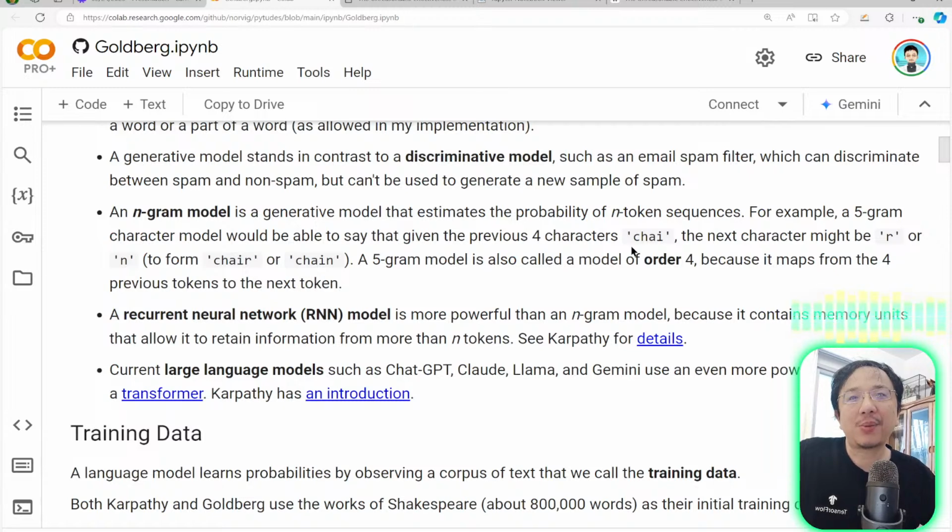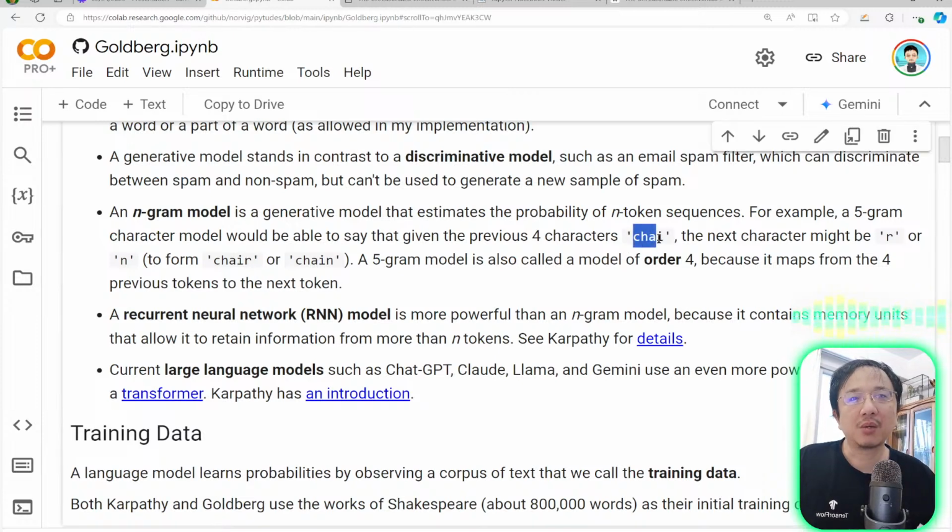So for example, suppose we have 4 characters like CHAI. What is the probability of the next character? 所以因为我们是要估计5个字母合在一起的一个几率，你可以直接统计所有5个字母组合出现的次数，但是我们基本上要算的是条件几率，是这4个字母 CHAI，我们要预测下一个字母出现的几率是多少。So what can be the next letters after 4 letters like this one, the CHAI?